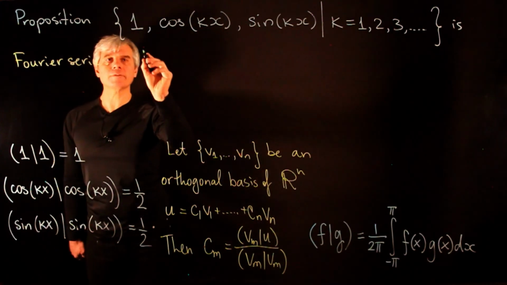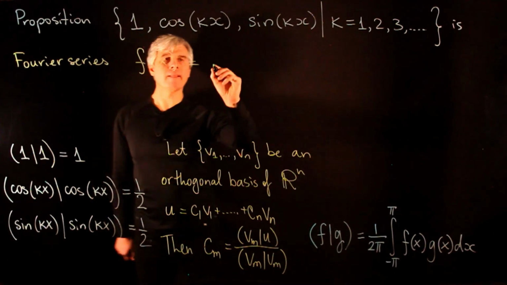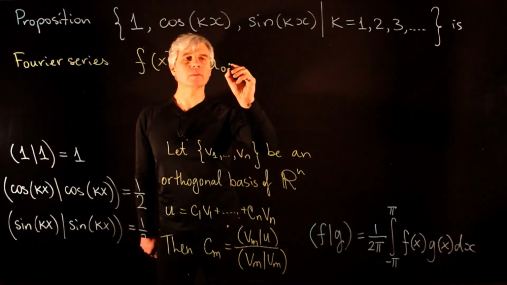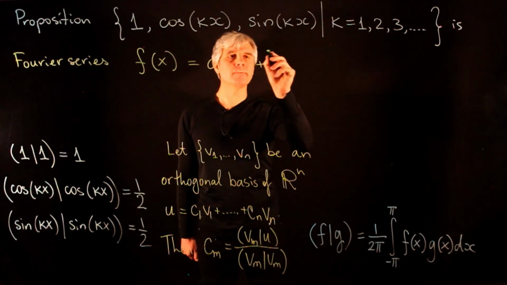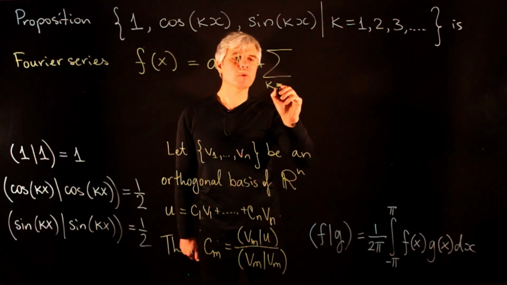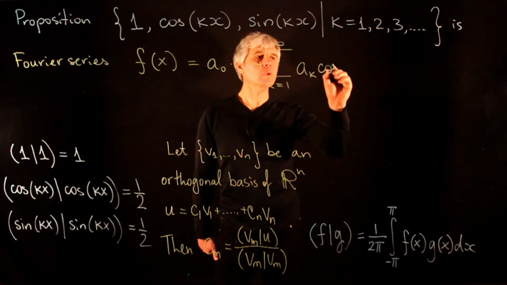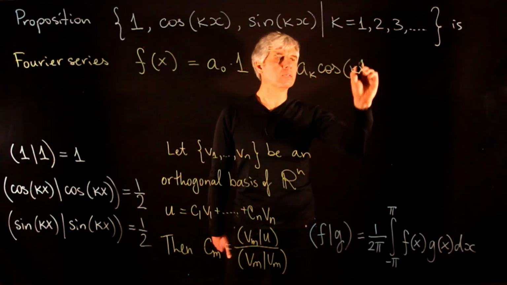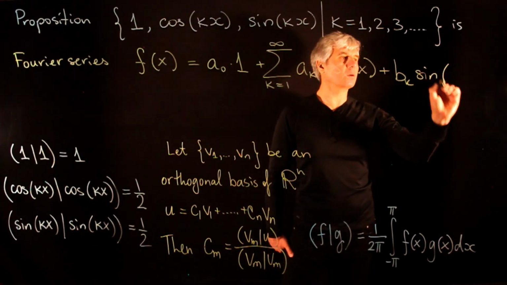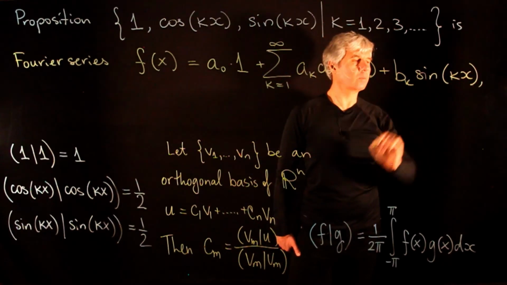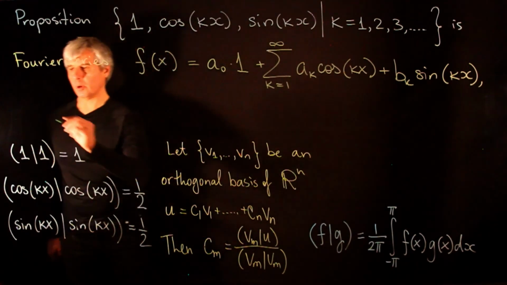The Fourier series of a function f is going to be a0 times 1, so a constant function, plus the sum k goes from 1 to infinity, ak times cos of kx, plus bk times sine of kx, where the Fourier coefficients are computed using the bilinear form.